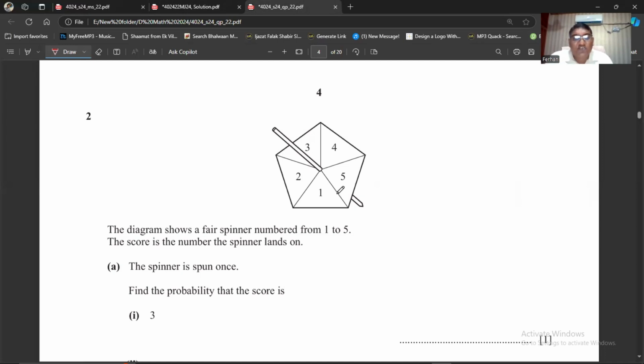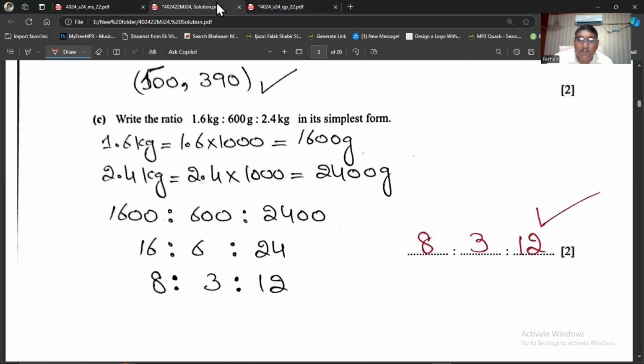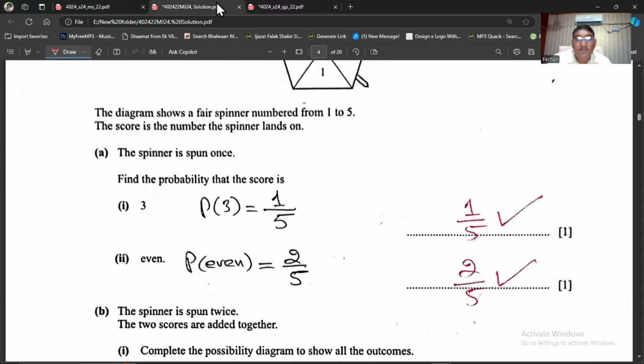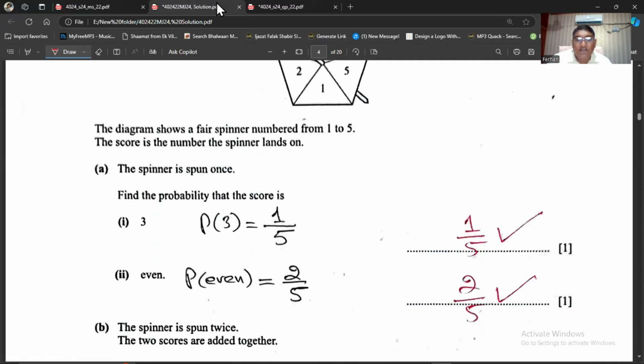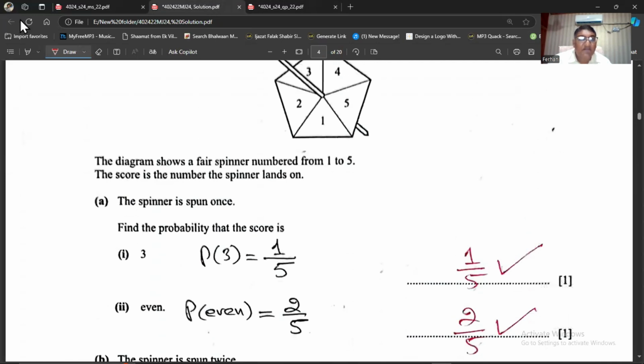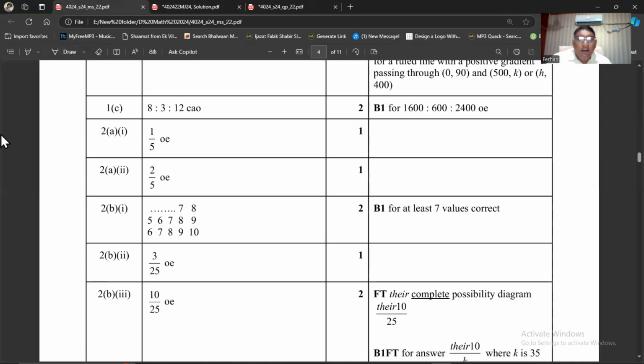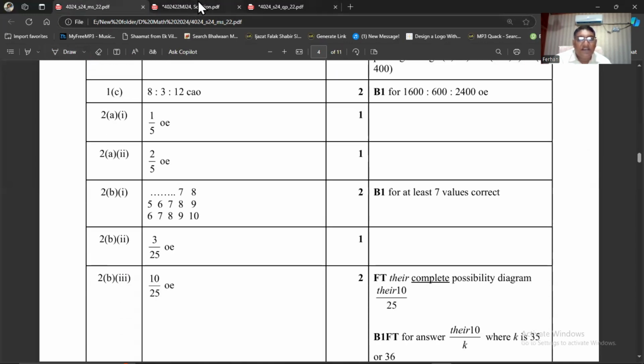Find the probability that the score is 3. 3 is written once only, and there are 5 options. So the probability of getting 3 will be 1 by 5. One by 5 is the right answer.